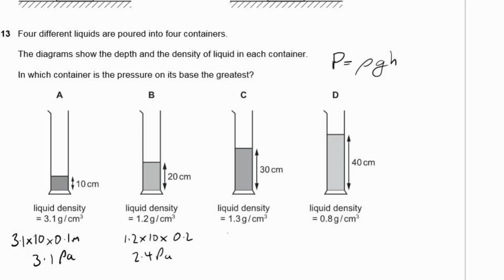Next one, we have 1.3 times 10 times 0.3, which gives us a value of 3.9 pascals. And finally, 0.8 times 10 times 0.4 gives us a value of 3.2 pascals.